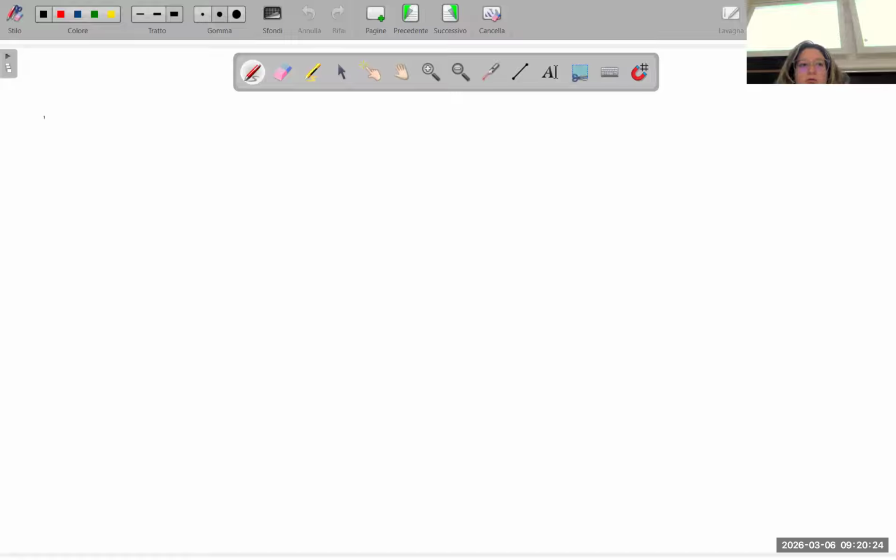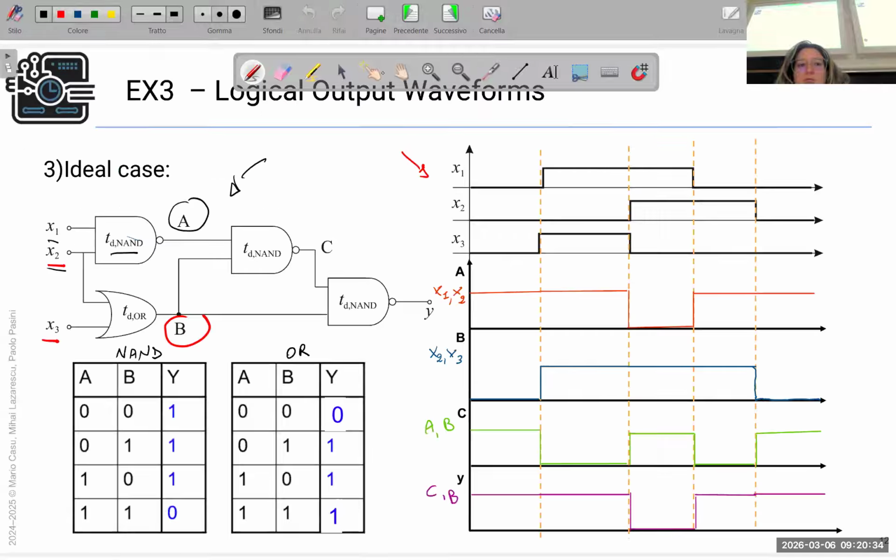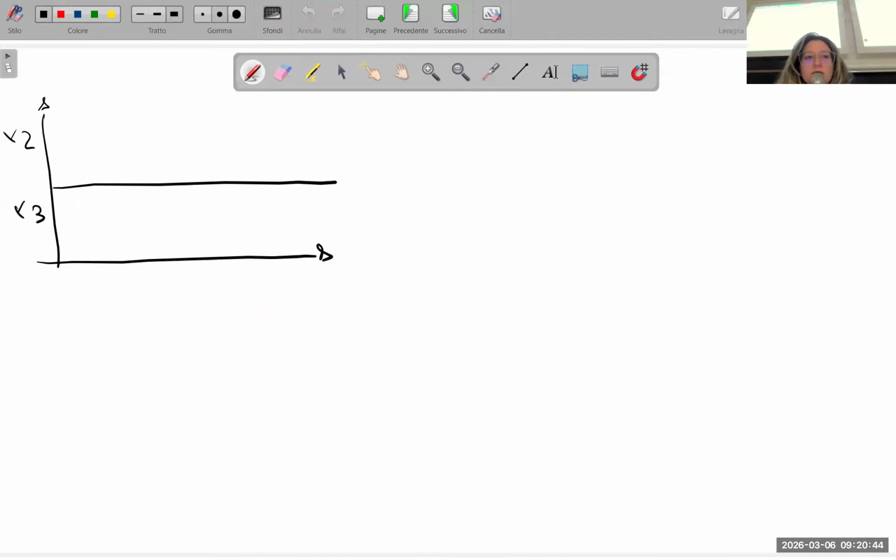Okay. So here for B, we have to look at x2 and x3, right? x2 and x3, and it's an OR. Okay, so x2 is equal to before. So we have something like this.